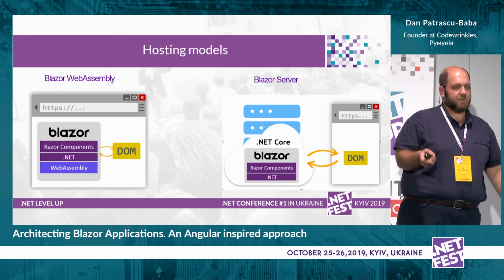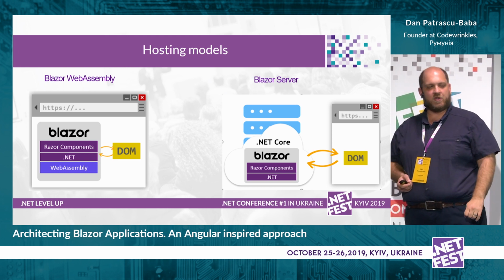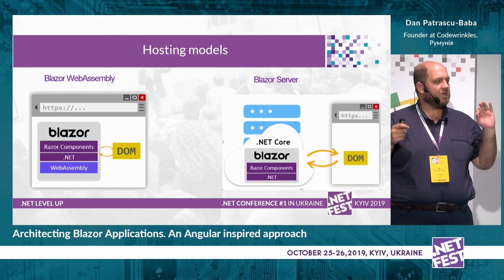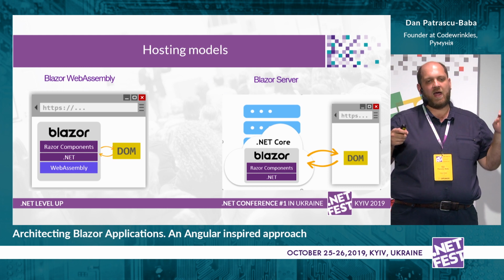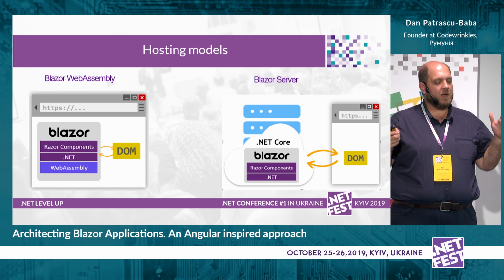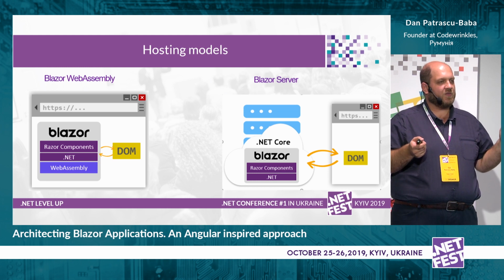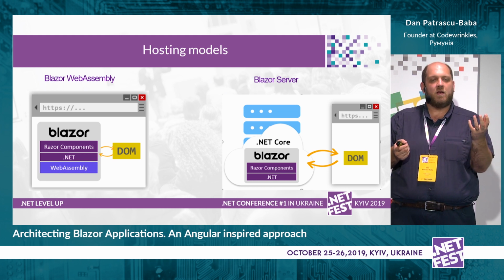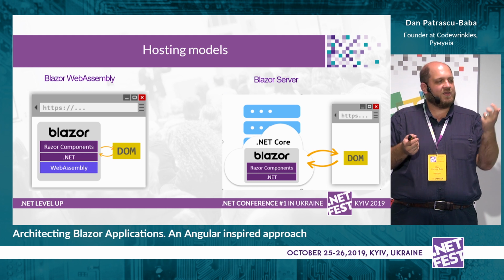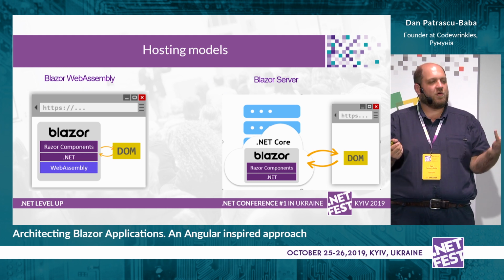So we will concentrate on this Blazor server side. However, once again, I want to underline that everything I say here in this talk fully applies also to the WebAssembly hosting model. The only difference is really how that application is hosted and how it works technically, so from an infrastructure perspective, let's say.